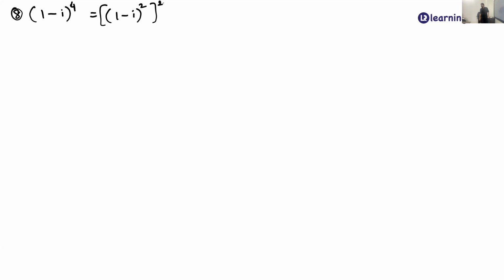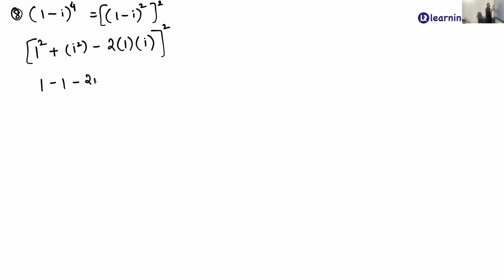So a minus b the whole square is a square plus b square minus 2ab. Right? This thing, the whole square. So 1 square is 1, i square is minus 1, minus 2 into 1 into i is 2i, the whole square.